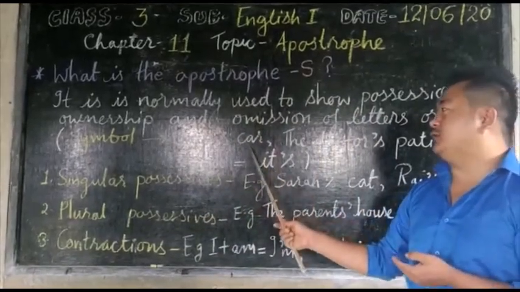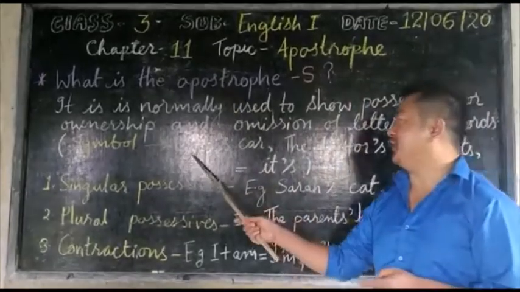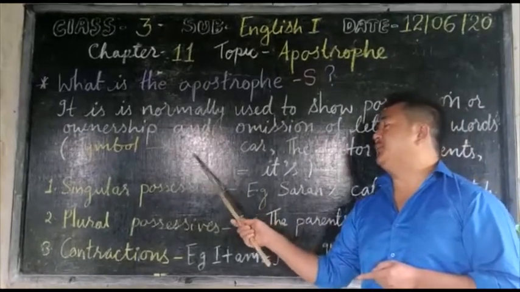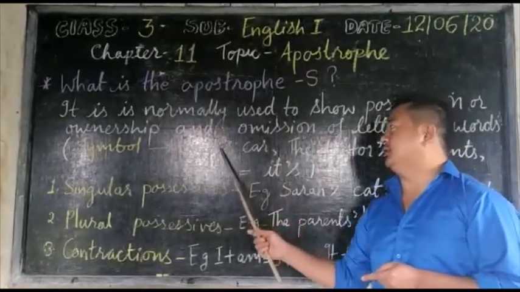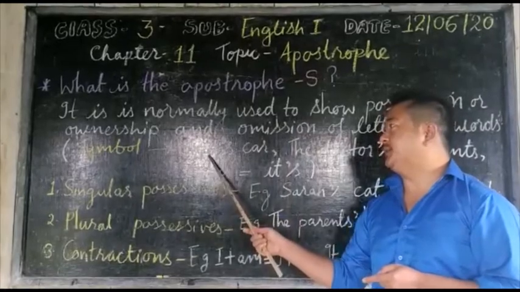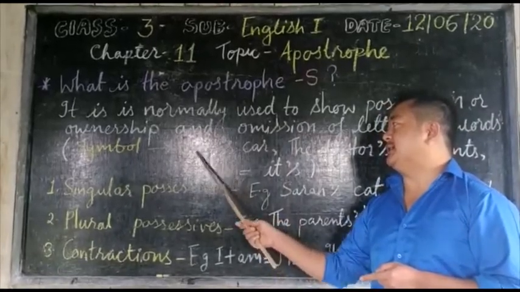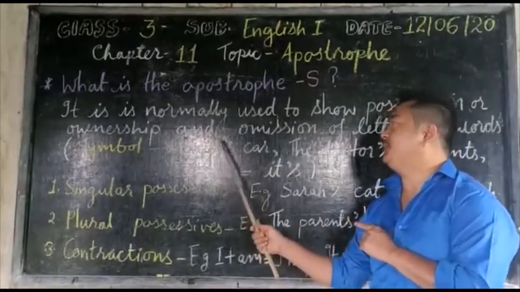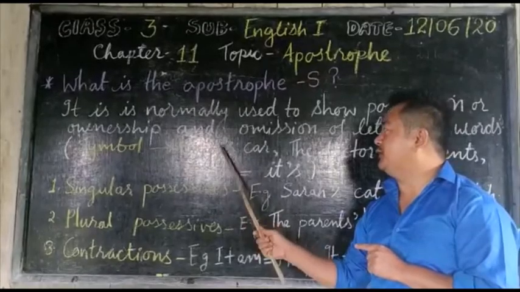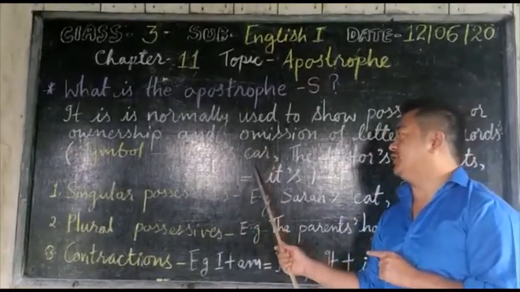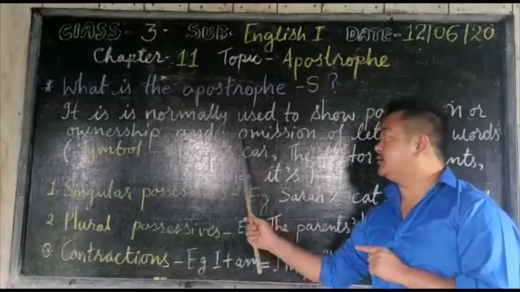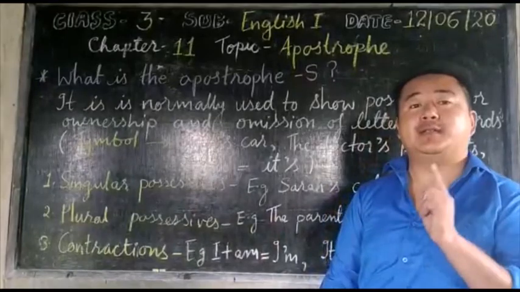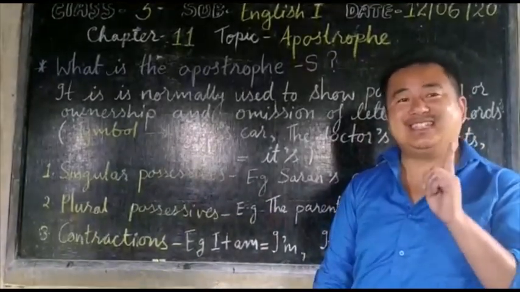The car belongs to none other than J. So the car belongs to J, therefore J's, apostrophe S, J's car. This shows the car belongs to one person, that is J.